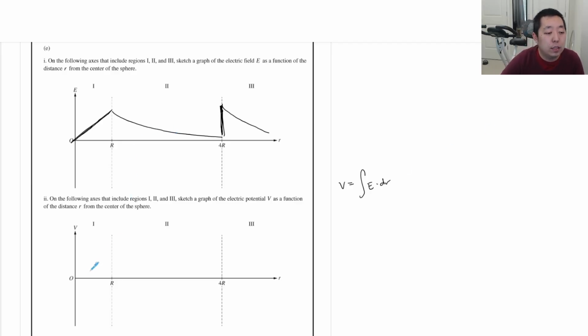Another way to think of it is the derivative of the voltage is supposed to equal the electric field, so the slope is supposed to be the electric field. So it's going to be quadratic. It should go up, and then the slope's going to be positive still.